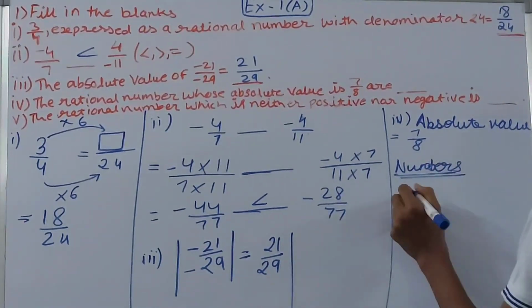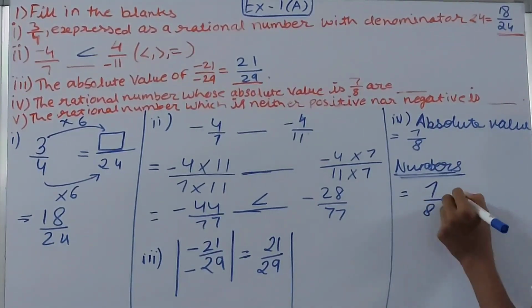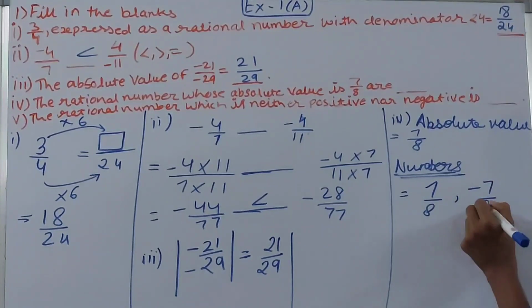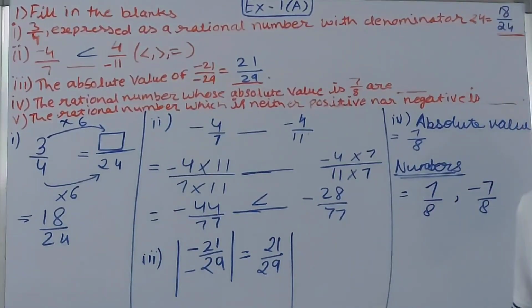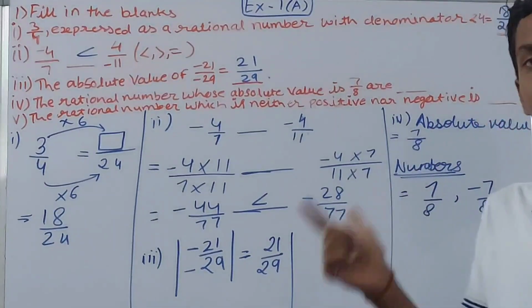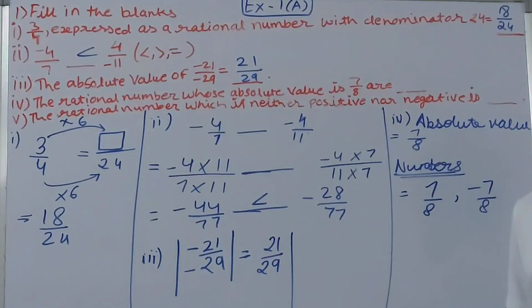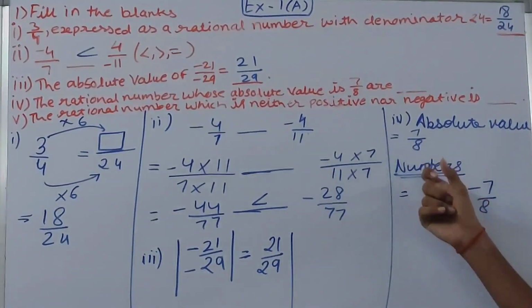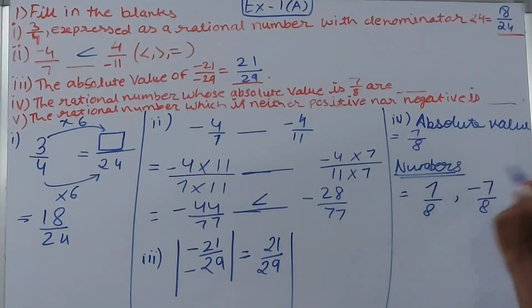First of all, the number itself, the positive one, and then the negative, minus 7 by 8, right? First number 7 by 8 is the positive rational number. Second is the negative rational number. Both of them are positive and negative of the same digits, 7 and 8. So first will be 7 by 8 only, second will be minus 7 by 8.